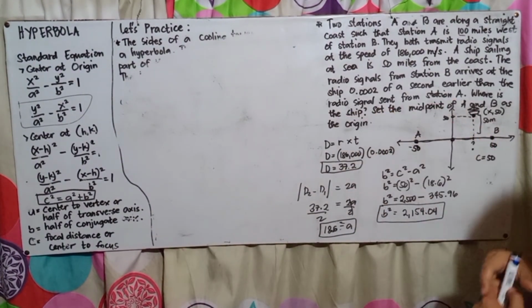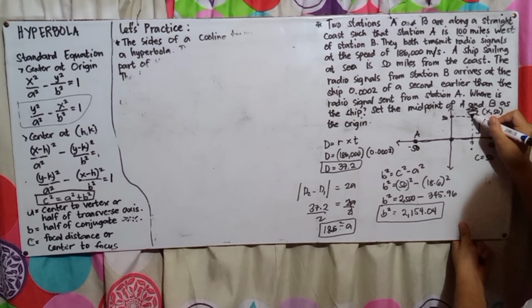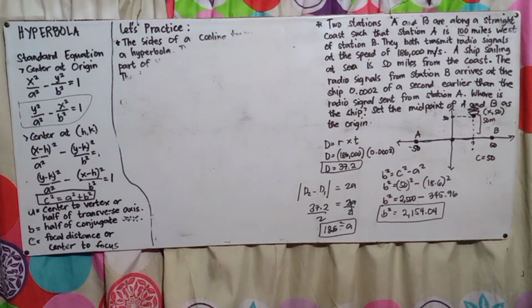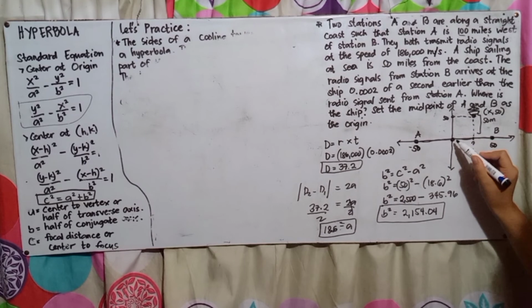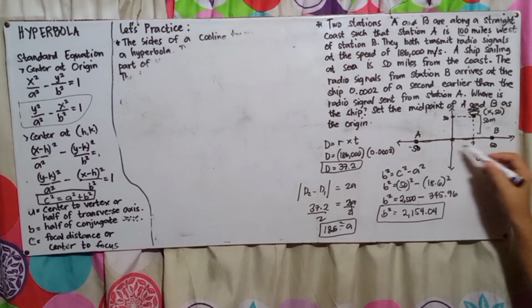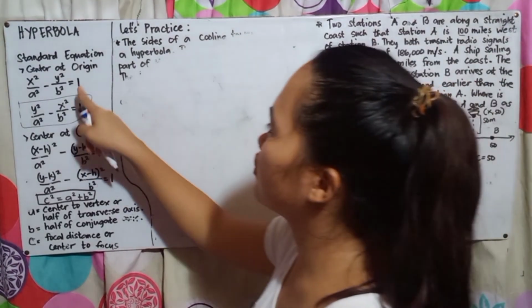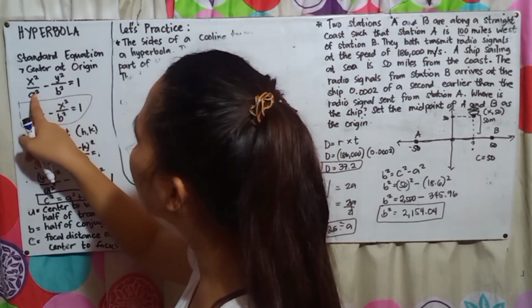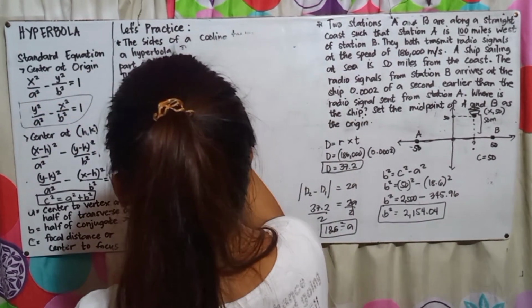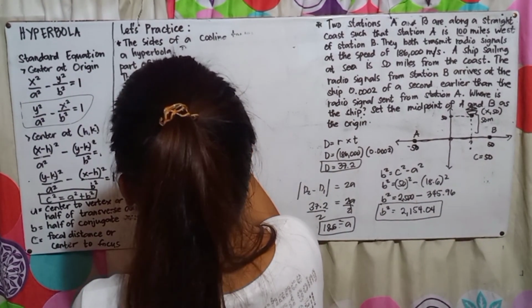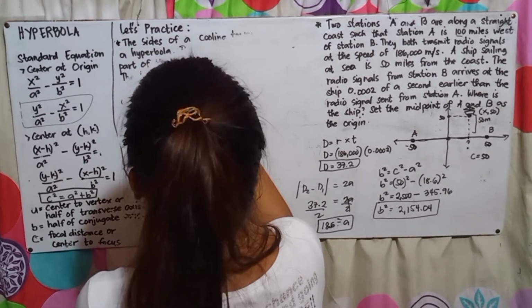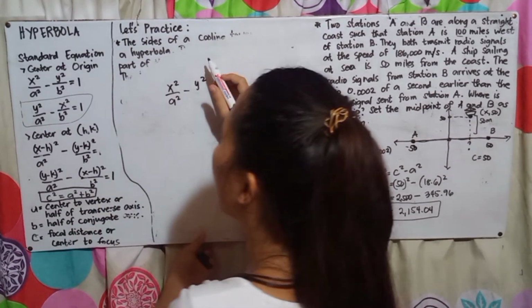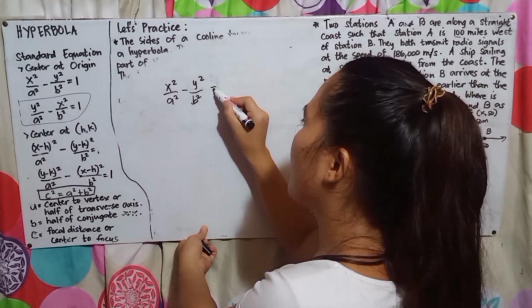Since the origin is the center and it is horizontal, the equation we will use is x squared over a squared minus y squared over b squared equals 1.